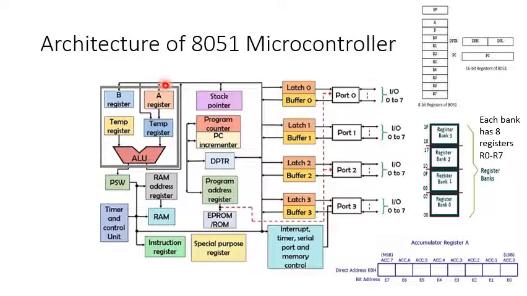Instead of writing A in the instruction, we can directly give the address as E0H. If we give E0H, then the microcontroller will know that E0H is the address of the accumulator, and it will load or take the data from the specified address, that is E0, which is meant only for the accumulator.